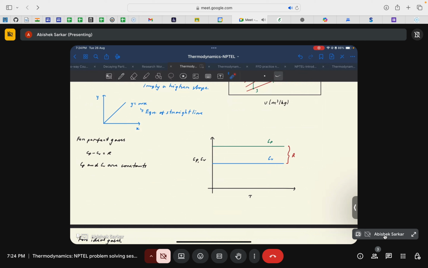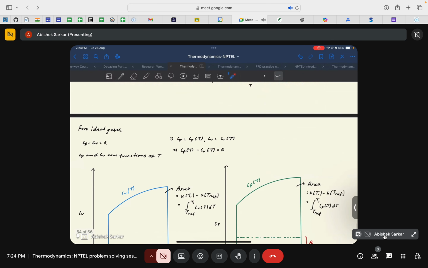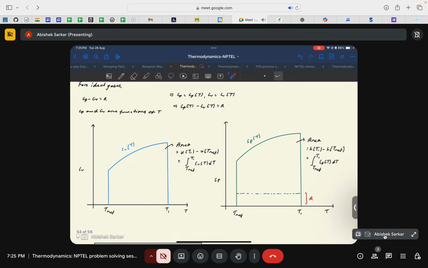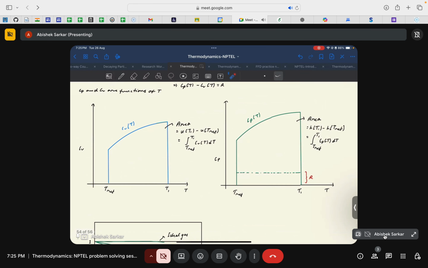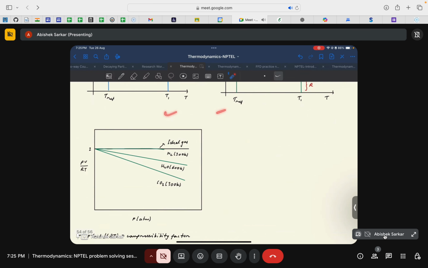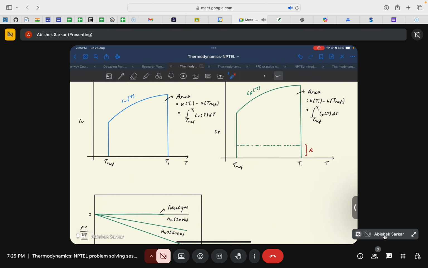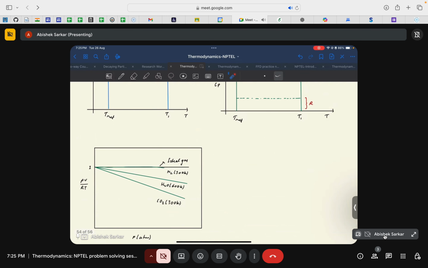For ideal gases, Cp minus Cv is still equal to R, but Cp and Cv are functions of temperature. So they have a similar trend of variation, but Cp is greater than Cv by R. These are theoretical concepts, so if you have any doubt, you can go to the lectures or follow the textbook referred by Professor Anand.